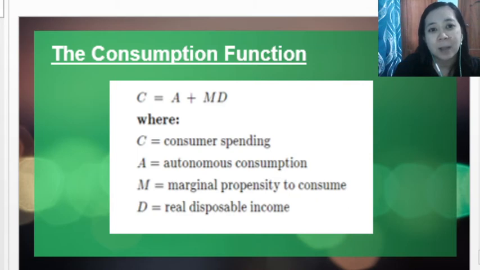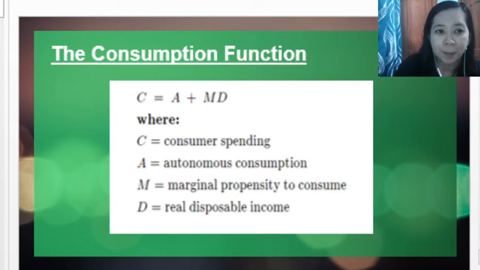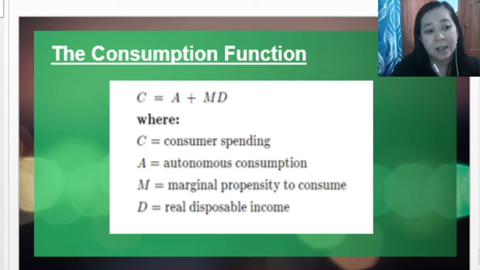Okay, and the last variable is D, which stands for the real disposable income. Real disposable income is also known as disposable income. This is the amount of money that an individual or household has to spend or save after the income taxes have been deducted, or after all of the required deductions have been taken from their pay.